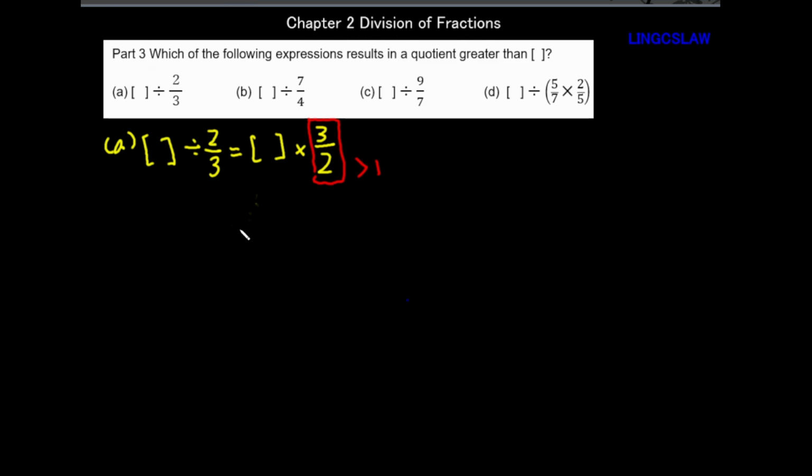The quotient will be larger than the original number in the bracket.